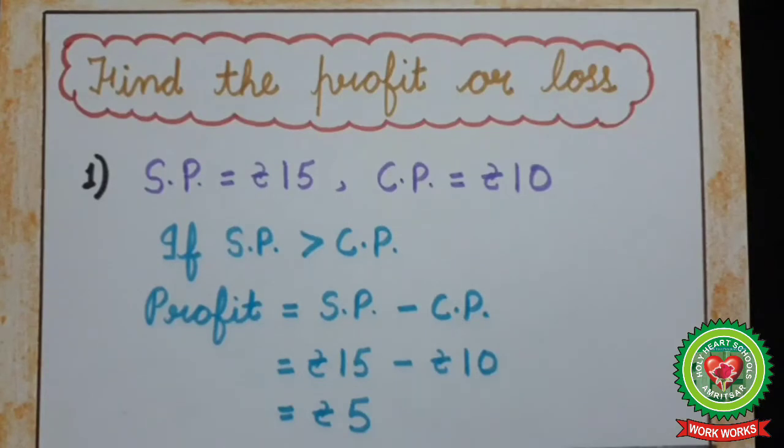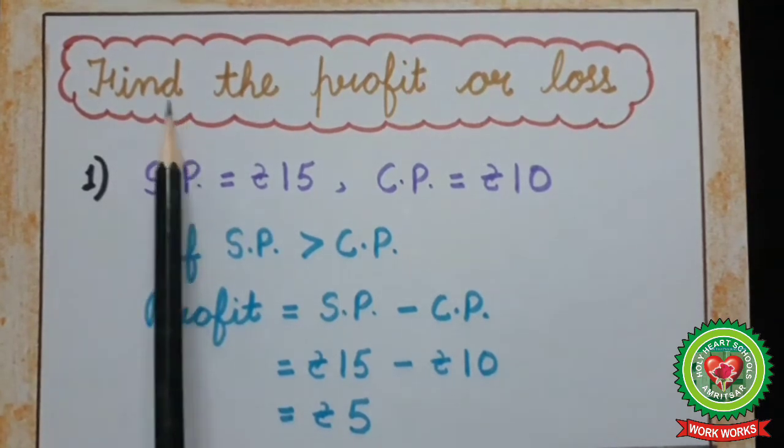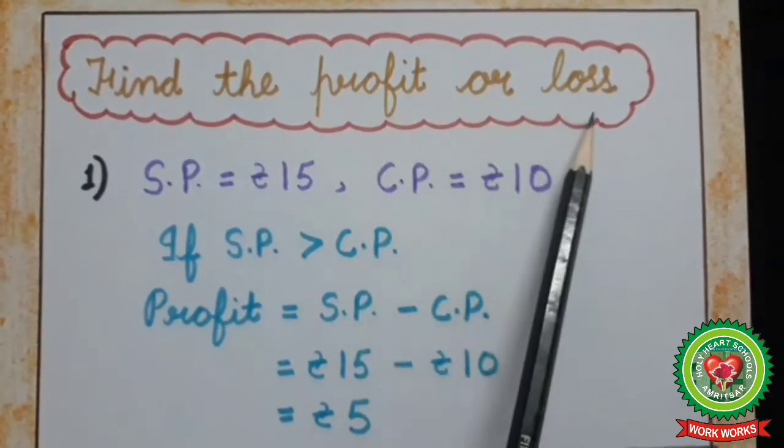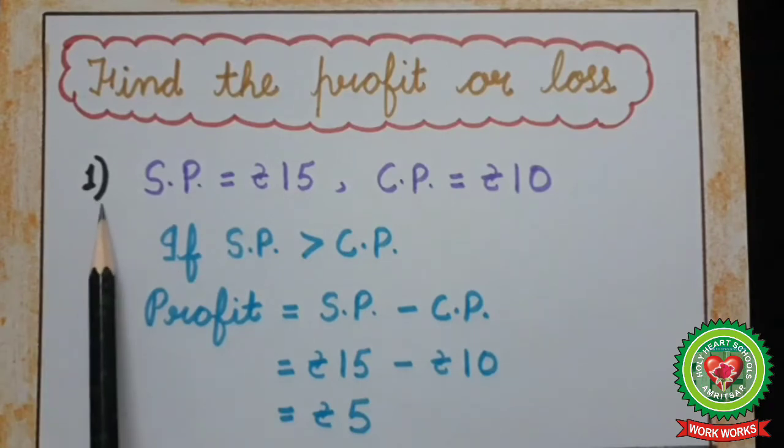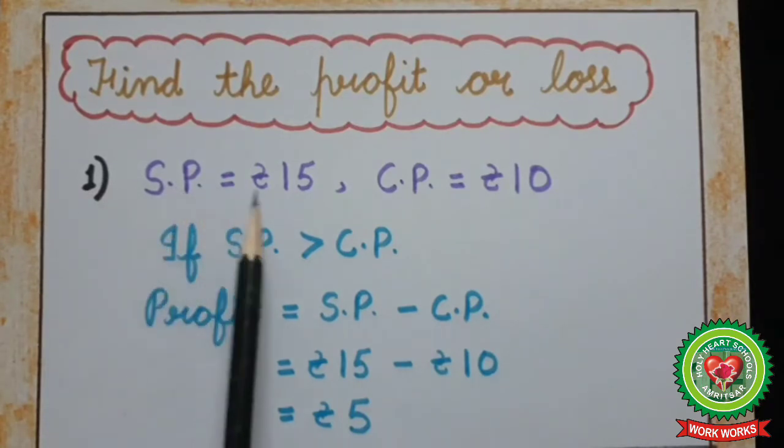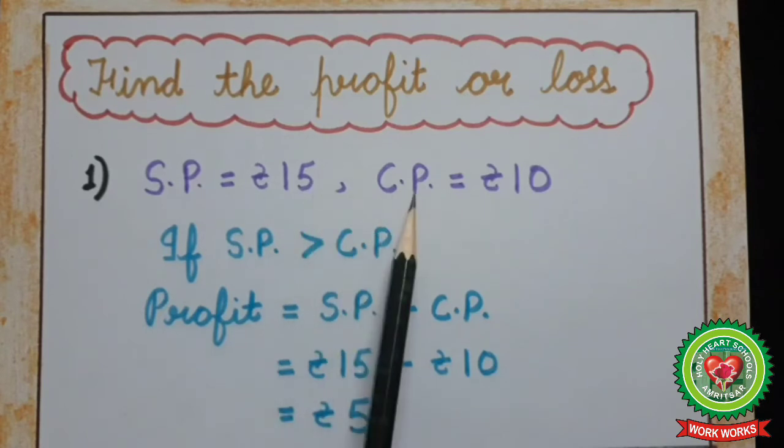Now let's start with the examples of profit and loss. Here the statement is find the profit or loss. First example is SP is equal to rupees 15, CP is equal to rupees 10. Here we need to find profit or loss.